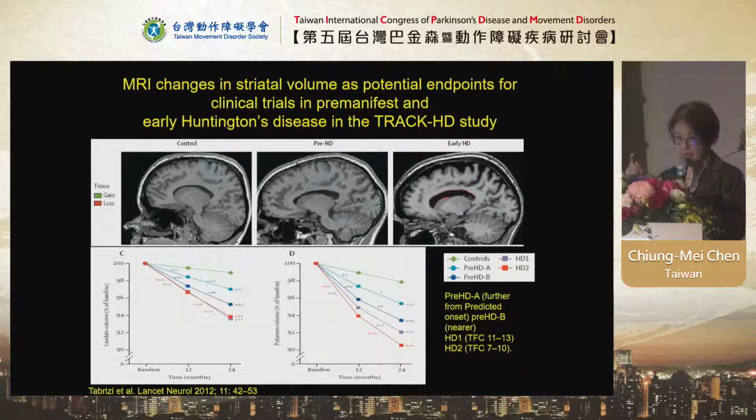TRACK-HD study has shown striatal volume in MRI imaging can detect progression within 1 year in pre-HD and HD group. So that is the common biomarker now used in clinical trial to detect the disease progression even in pre-HD group.